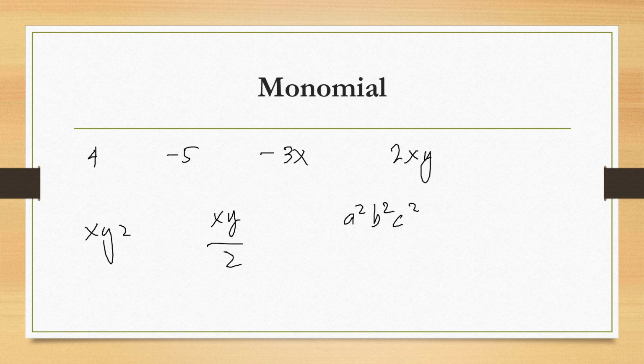So, this one is also a monomial since wala pa ring plus or minus na nakalagay dyan. So, that is considered as monomial. So, these are examples of monomial. As long as wala kayong nakikitang addition and subtraction between them, that means isang term lang yun. Kahit ilang letter pa yung magkakadikit, as long as walang addition and subtraction na nasa pagitan nila, that is considered as one term.